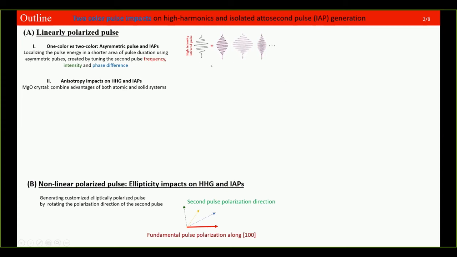The first color is fixed here, which is our fundamental pulse, but for the second pulse, frequency, strength, intensity and phase difference as well as its direction are the parameters which are tuned to find the desirable high harmonics and isolated attosecond pulse.